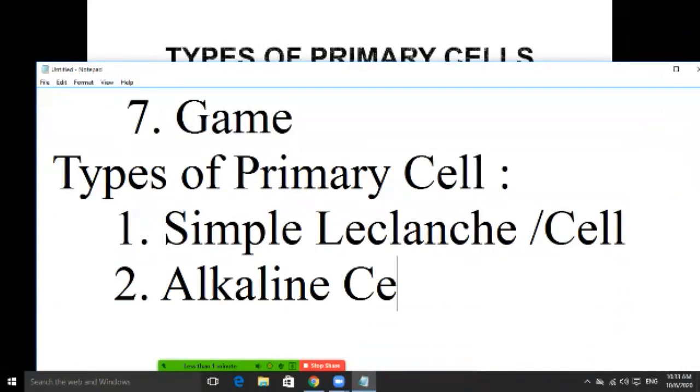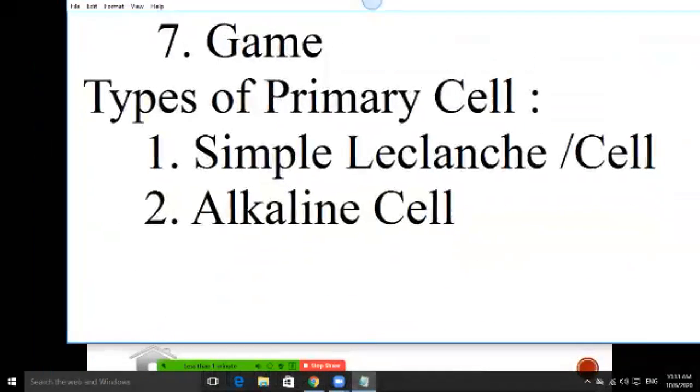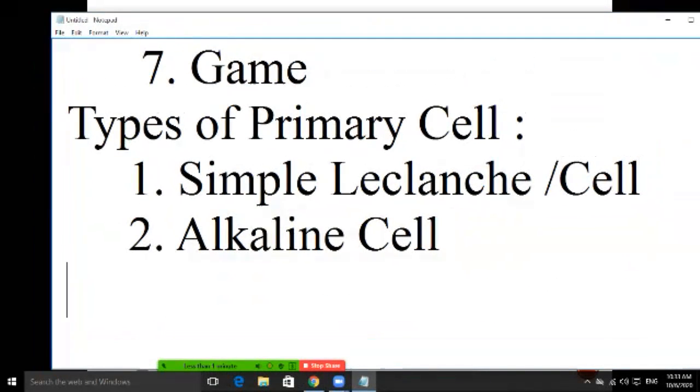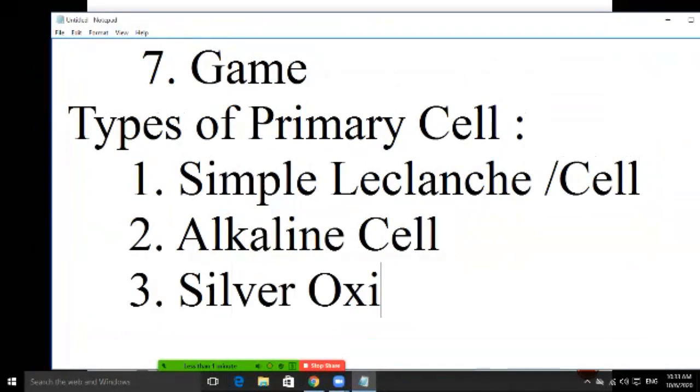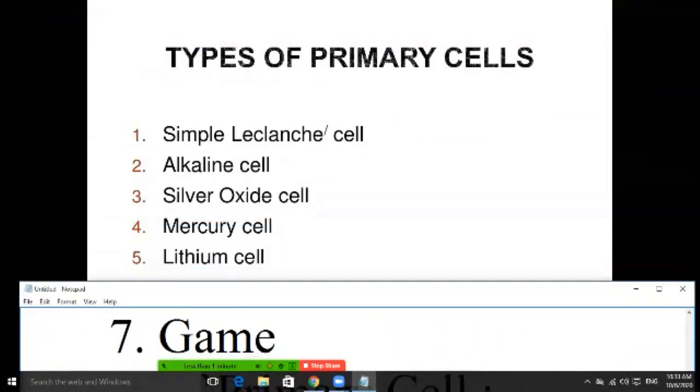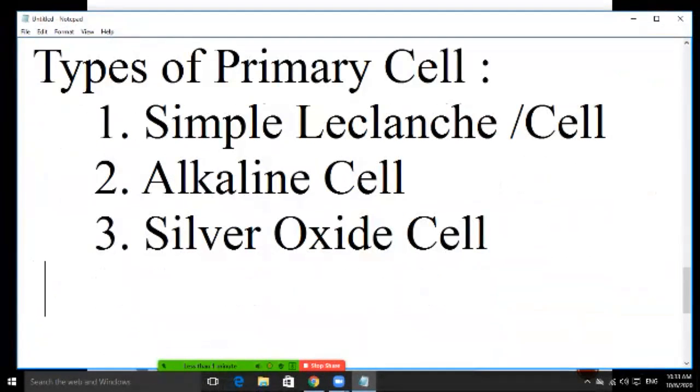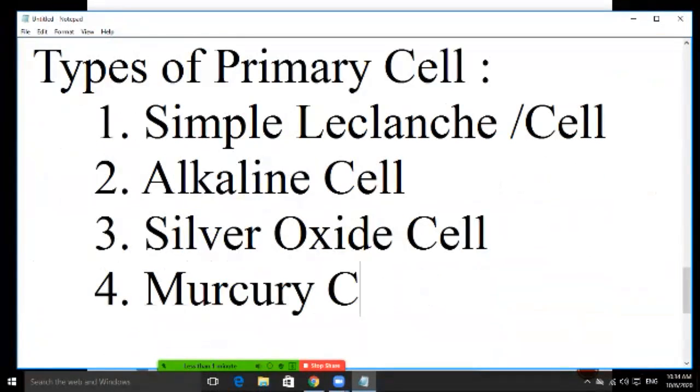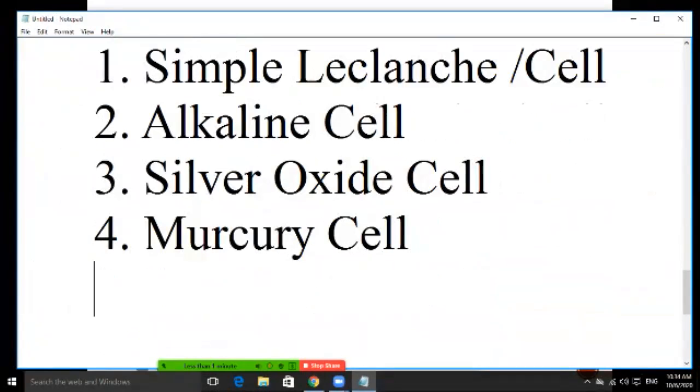Third, the silver oxide cell. If anyone is going to purchase a battery or a cell, you just ask. Fourth one, the mercury cell, and fifth one is lithium.